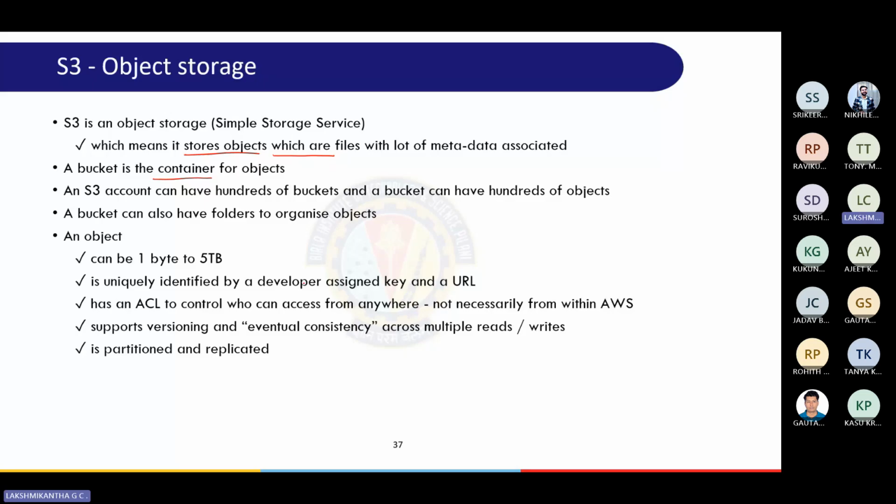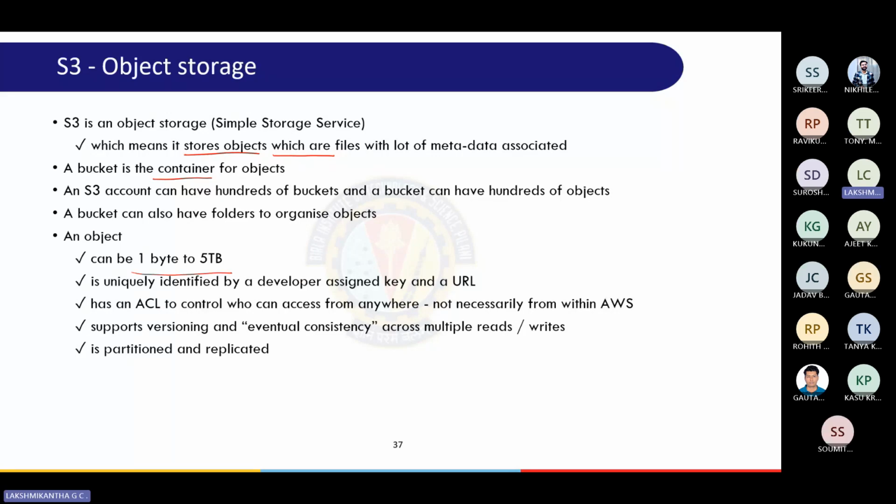Guys, an object can range from 1 byte to 5 TB. So it is uniquely identified by a developer assigned key and its URL. Not the developer assigned key only, along with that, the URL.